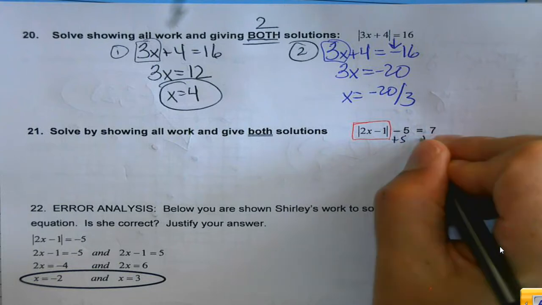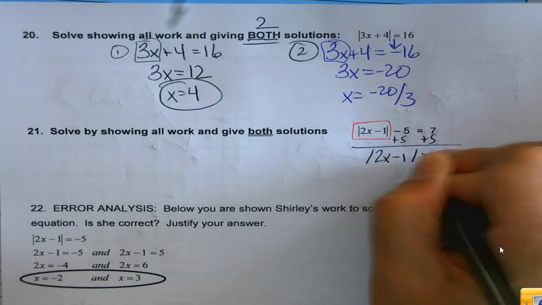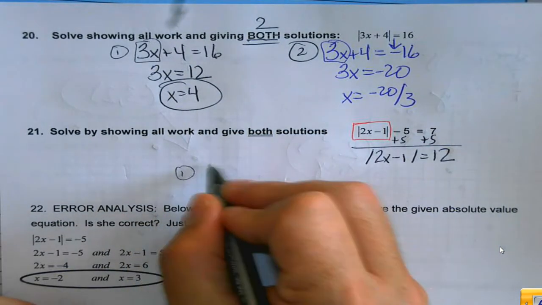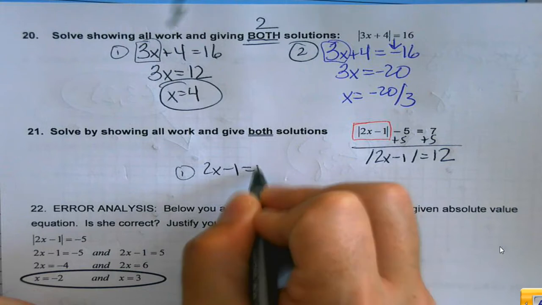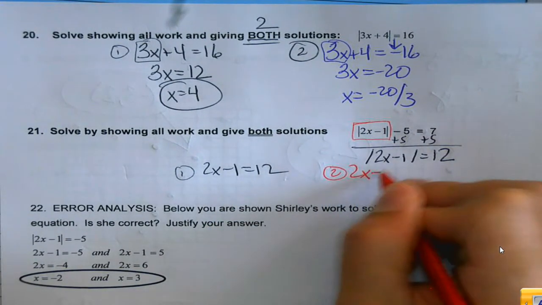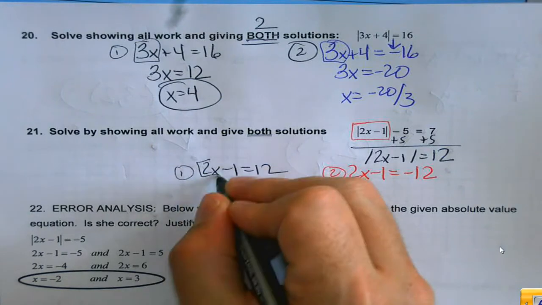So here, to make that happen, get that in there. Now I can split it into 2. And change my sign on the second one. And solve for x.